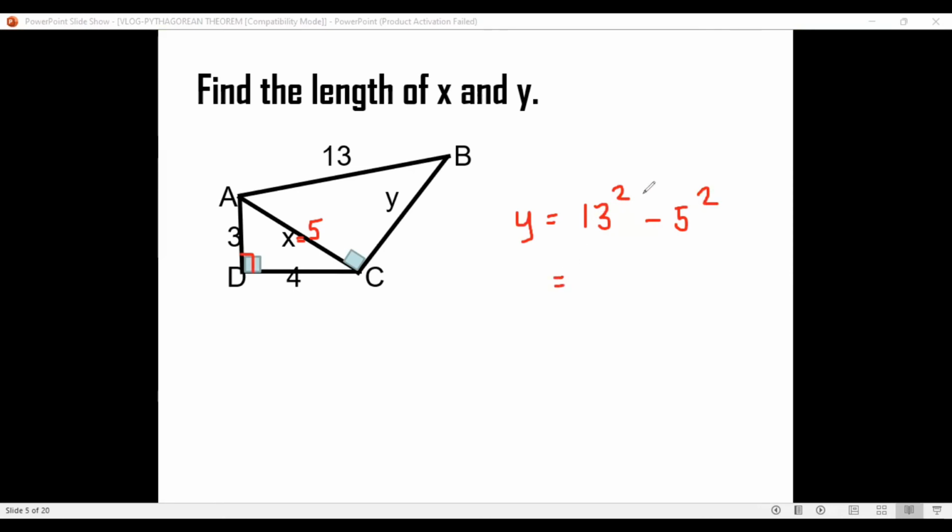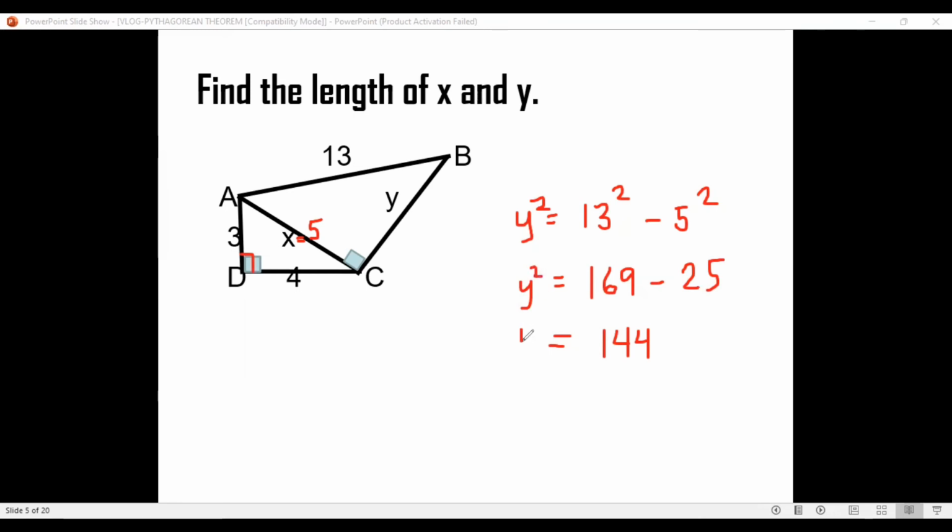13 squared, 13 times 13, is 169, while 5 squared is 25. Subtracting 25 from 169, the result that we will be getting here is 144. So again, this is y raised to the second power.